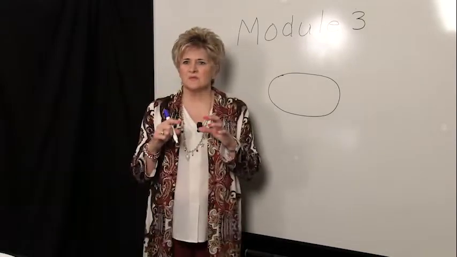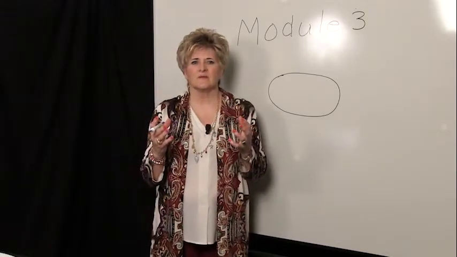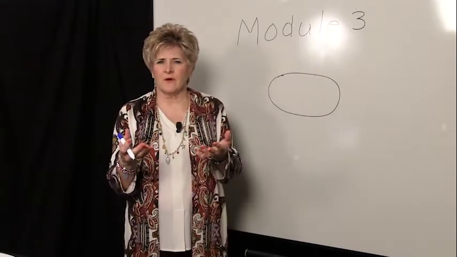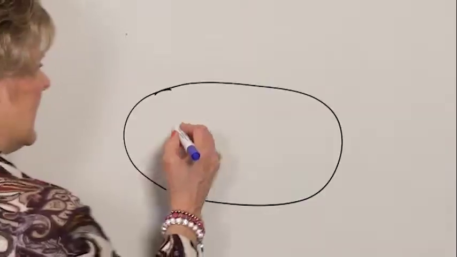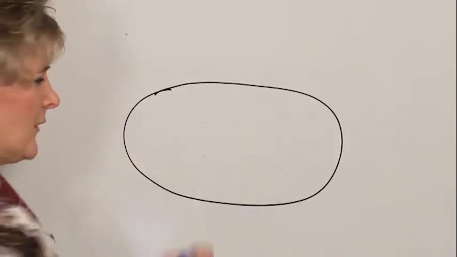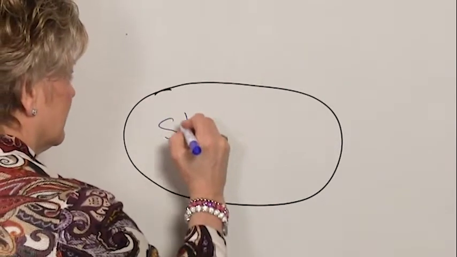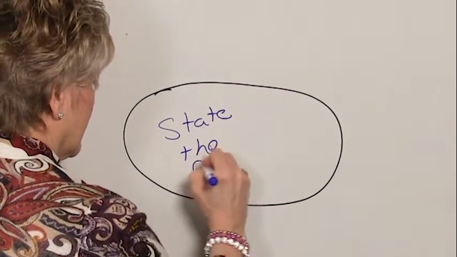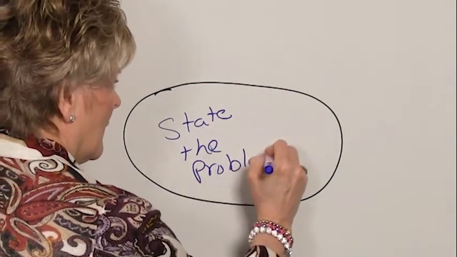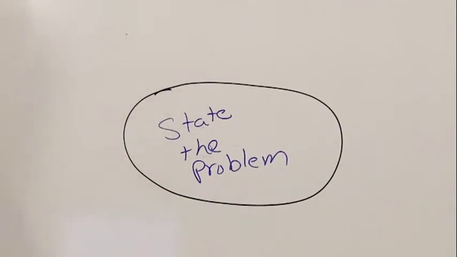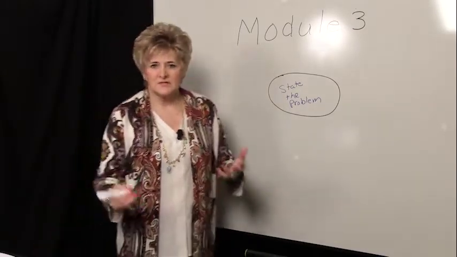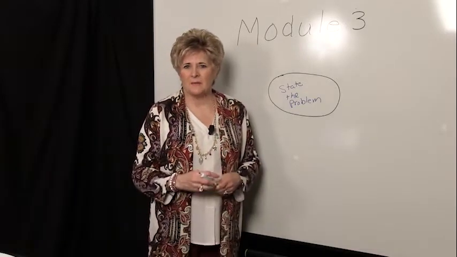Within the constructed response, there is a statement of a problem. Well, what do they want you to do? What do they want you to figure out? So, in the middle of your Venn diagram, state the problem. Within your constructed response, it will ask you to use the data and make application.